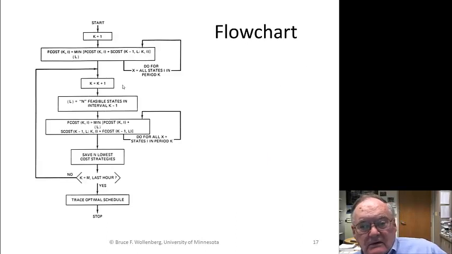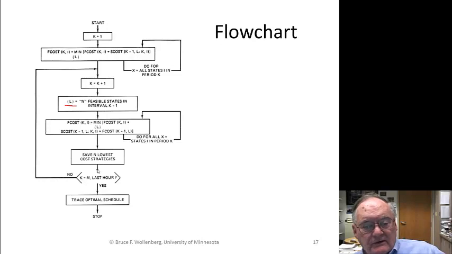And this is a flow chart. We do the F cost at the start, at k equals 1. Then we increment k, and we say, well, L is the set of feasible states in interval k minus 1. And here's our long equation in there, and we find the minimum over L, and we do this for all states I in period k.